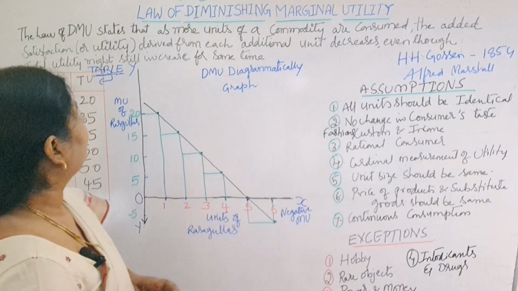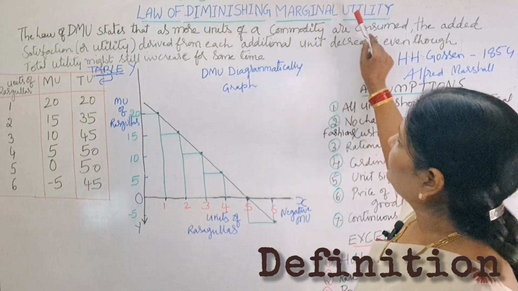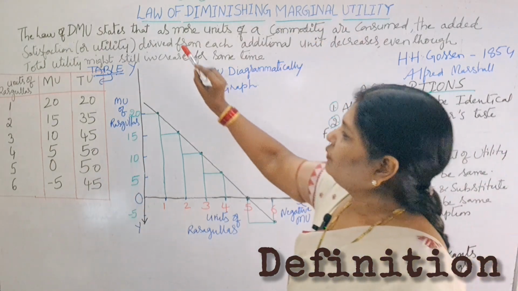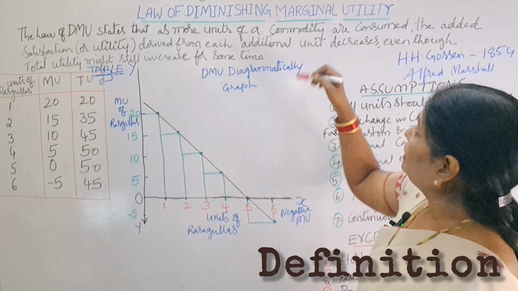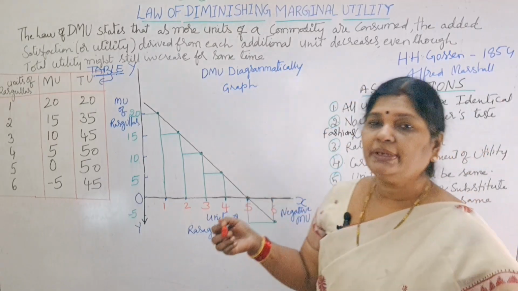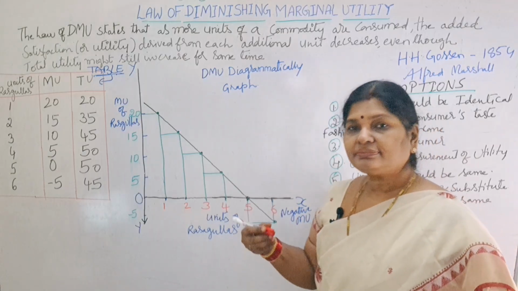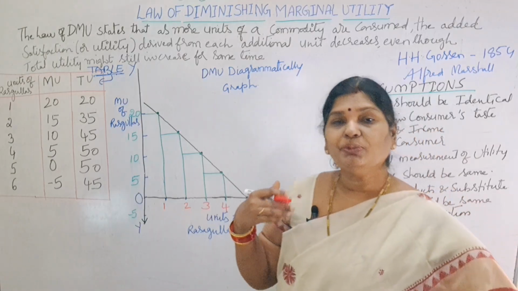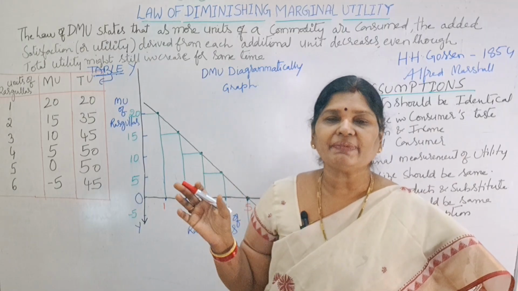I will explain this using the definition. The law of diminishing marginal utility means the law of DMU. So what does the law of DMU state? It says that as more units of a commodity are consumed, for example, if you are very hungry and you eat samosas, the first samosa will give you a lot of satisfaction, right?